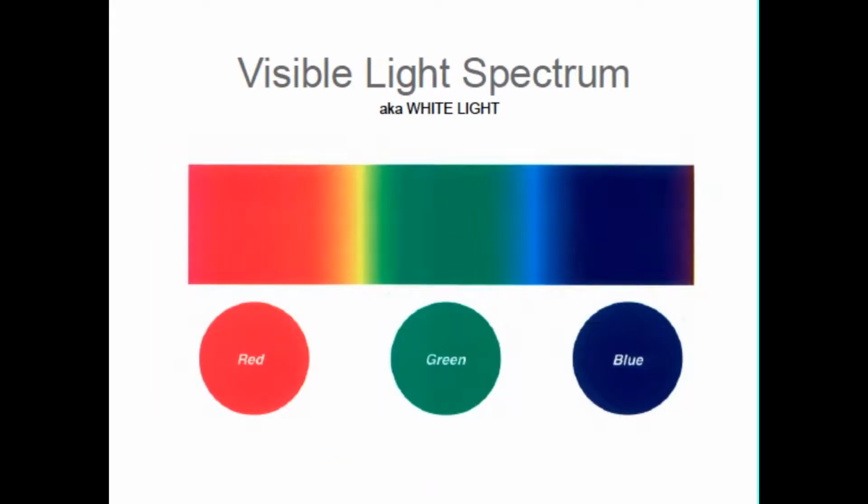So in the visible light spectrum, we have everything from red on the one end to violet on the other. Over here would be the infrared rays. Over here would be the ultraviolet rays, and we cannot see that with the naked eye. You'll also notice something very interesting: certain bandwidths of color within the visible light spectrum are wider than others.